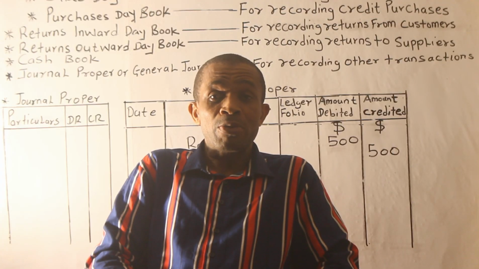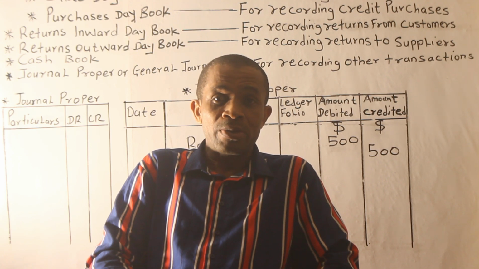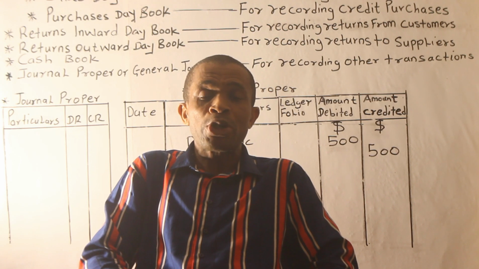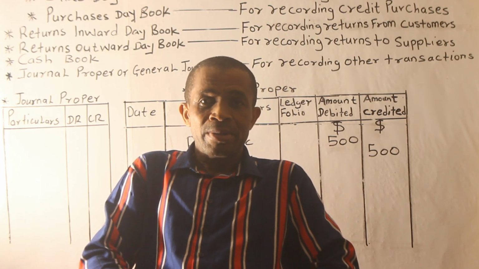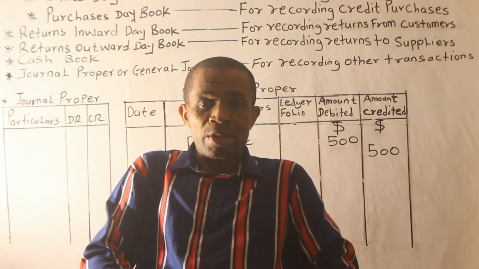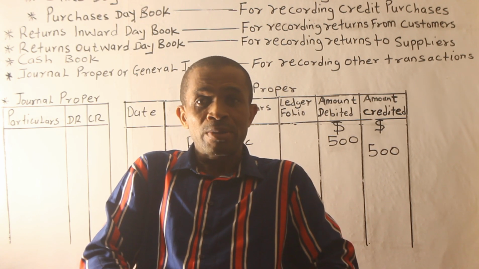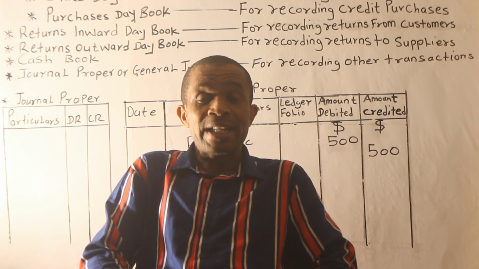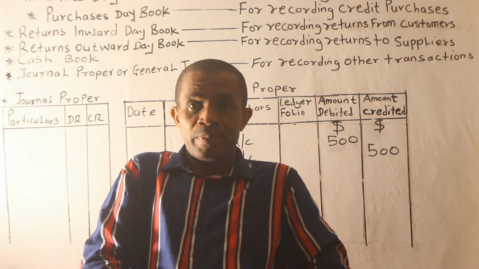We have talked about subsidiary books and the books that are involved. In a trading organization, a very large proportion of transactions relates to credit sales, sales returns, that is goods sold on credit that are now returned, credit purchases, and purchases returns or returns outwards, that is goods purchased but returned to the suppliers.